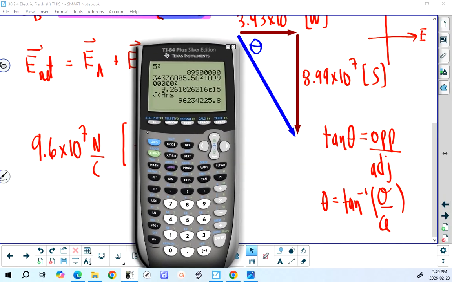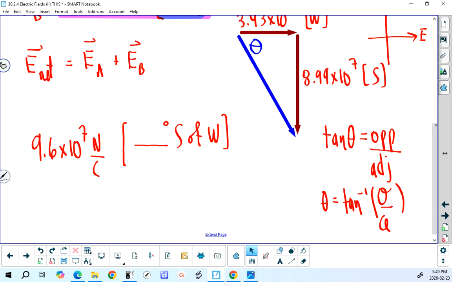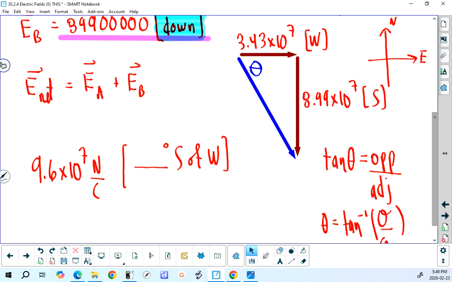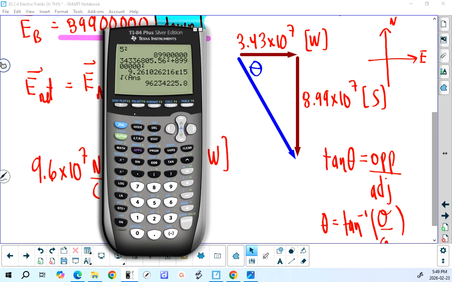Again, I think finding the angle and the hypotenuse in a situation like this is child's play. It should be by the time you get to this point in the course. So inverse tan of opposite over adjacent. So inverse tan of opposite, which is the big one, divided by adjacent, which is the small one. I think that looks okay. Oh, I better check to see if I'm in degrees.